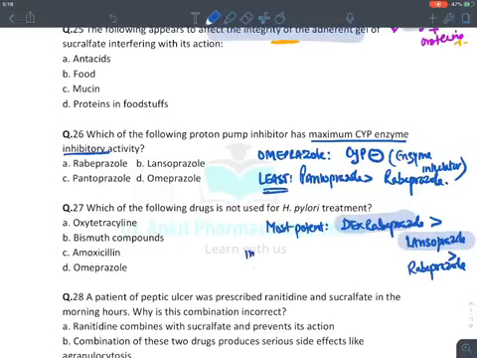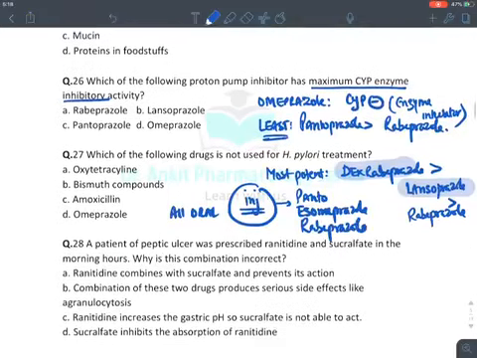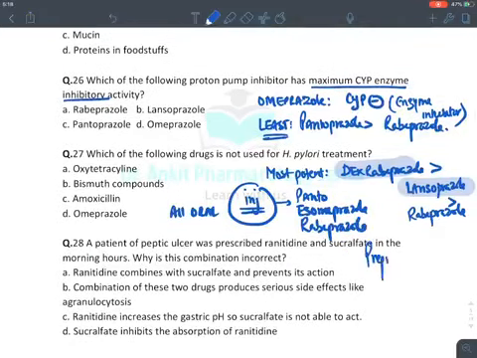Okay. The PPIs which are given by injections as well. Remember, all PPIs can be given orally, but some are also given by injection. You will write pantoprazole, esomeprazole and rabeprazole. And the safest PPI in pregnancy is lansoprazole.